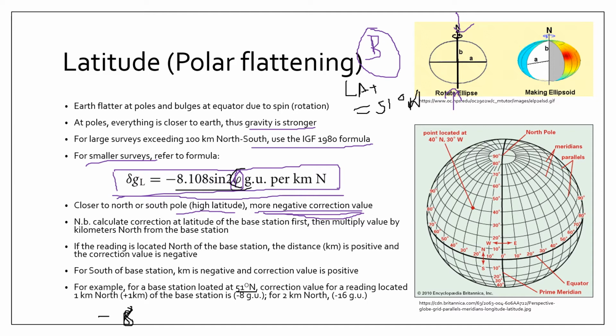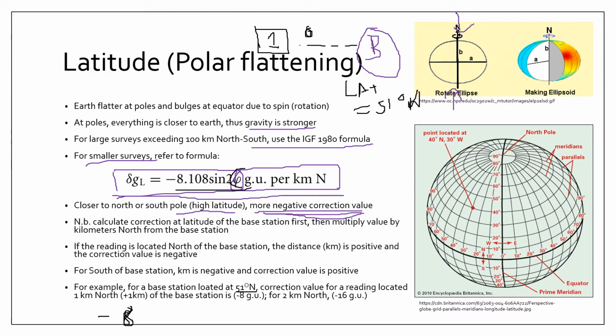So if you did a survey, let's say this is your first survey point. So if your first survey point is located 0 kilometers north of your base station, okay, then you don't need any correction for this survey station.